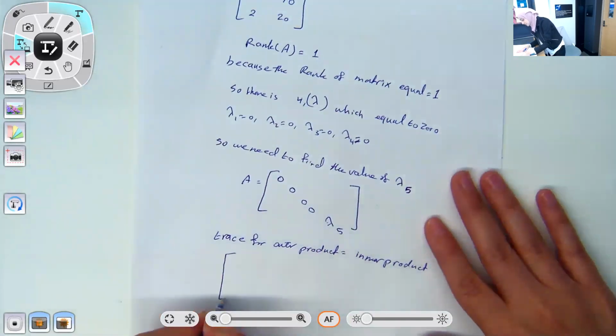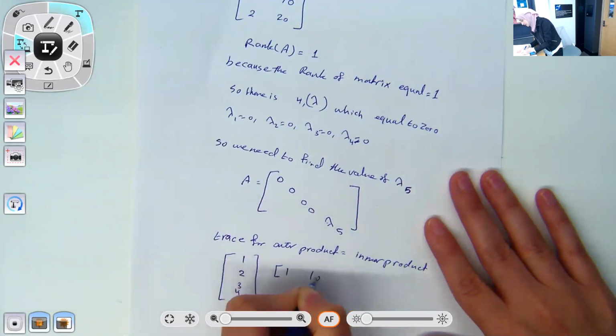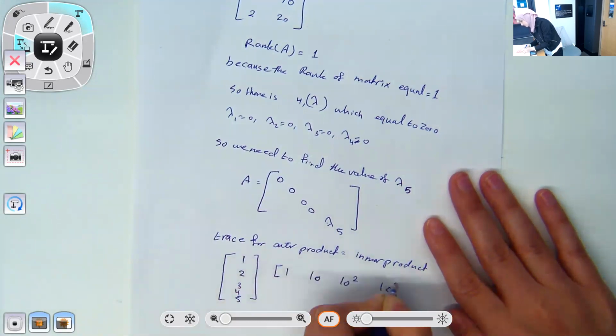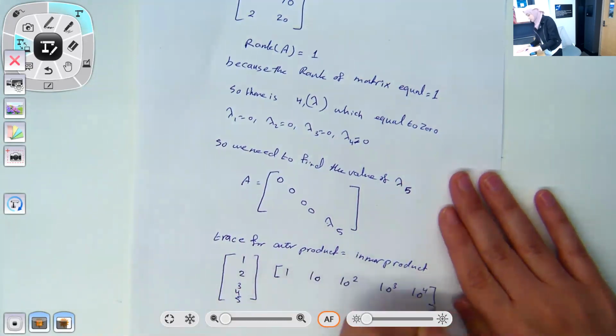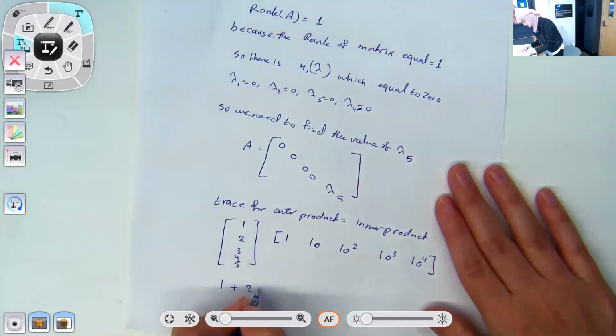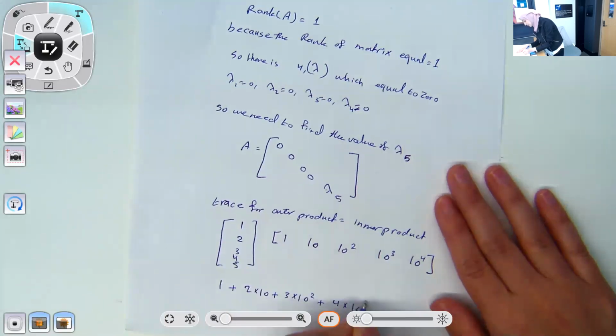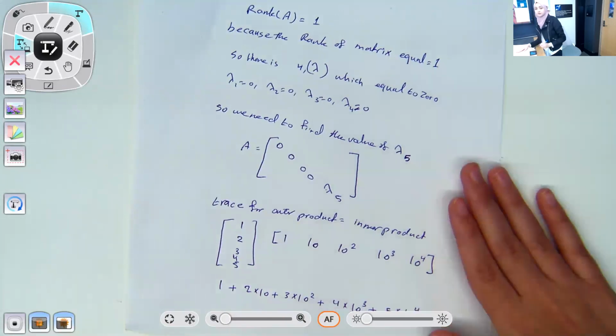So we need to multiply (1, 2, 3, 4, 5) with (1, 10, 10 to power 2, 10 to power 3, 10 to power 4): 1 times 1, which is 1, plus 2 times 10, plus 3 times 10 to power 2, plus 4 multiplied by 10 to power 3, plus 5 multiplied by 10 to power 4.